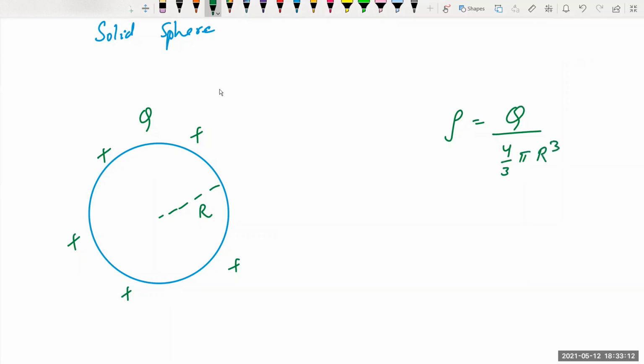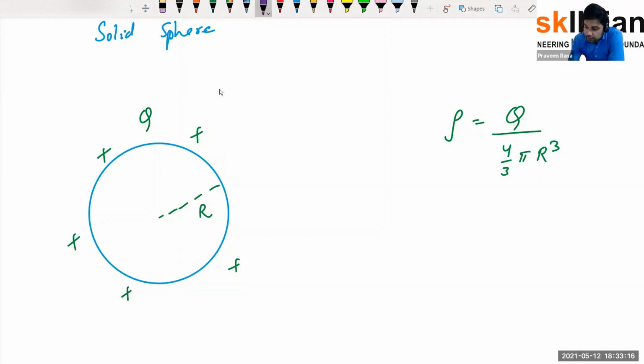Now let's say I have taken a distance from the center, which is small r. Draw a hypothetical sphere. This hypothetical sphere captures a charge of plus small q.